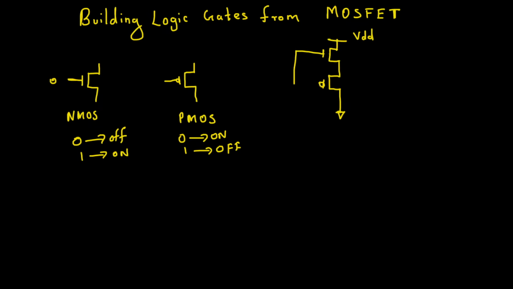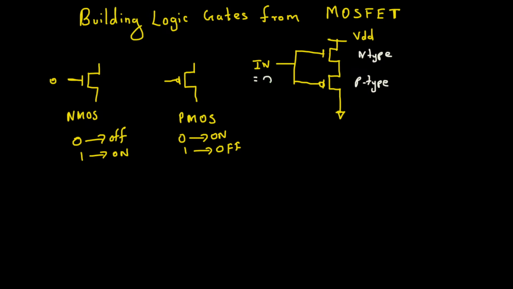Let's say this is the PMOS and this one is NMOS, and here I put the input. As you can see, this one is an N-type MOSFET and this one is a P-type. You can verify by looking at the circle at the gate. If you don't have a circle at the gate, that's NMOS. If you have a circle at the gate, that's a PMOS.